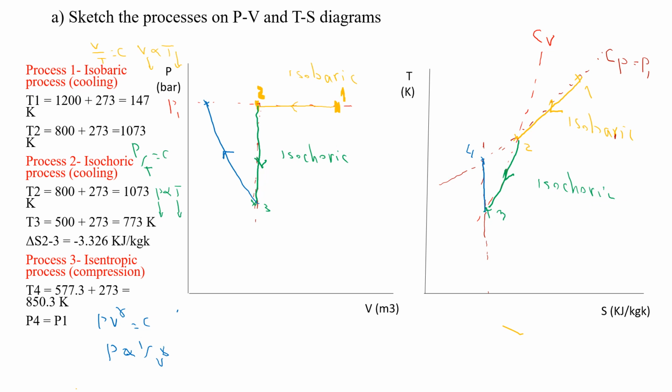State 4 is lying on the constant pressure Cp equal to P1, and P1 is equal to P4. This is the direction of the path, because as a result of increase in the pressure we are going to have increase in temperature, and basically it has to reach to the point 4, which is the intersection of the vertical line with the Cp curve.